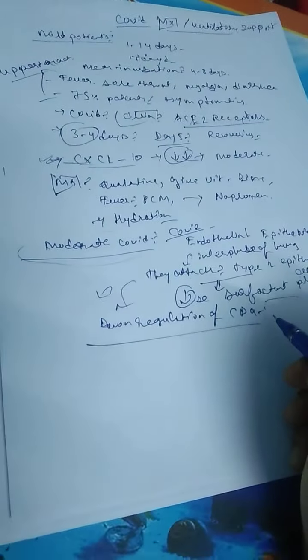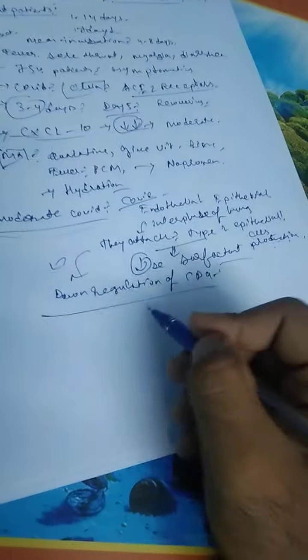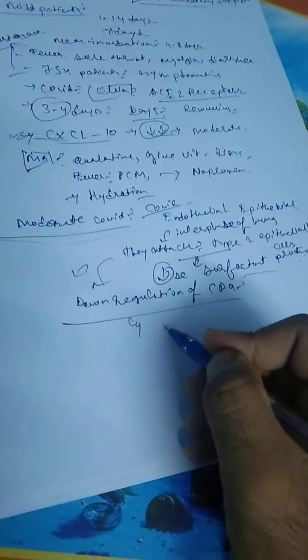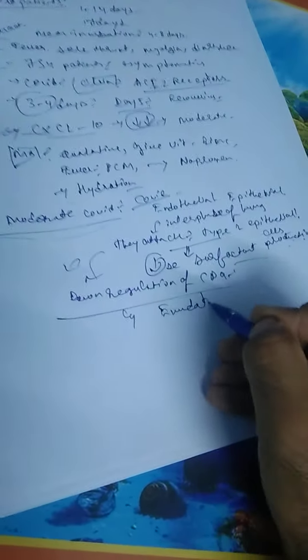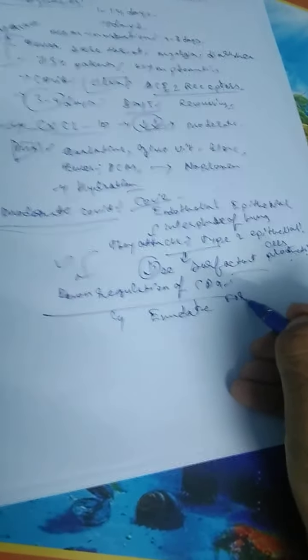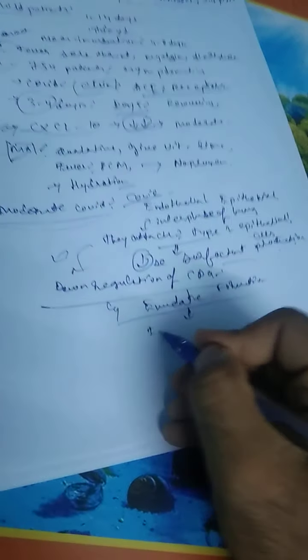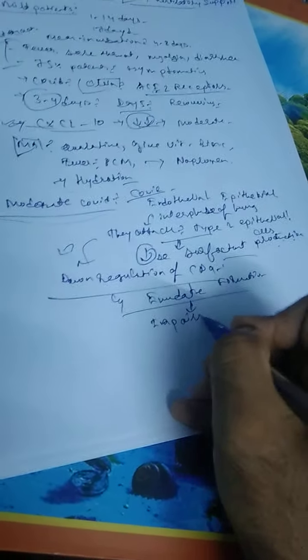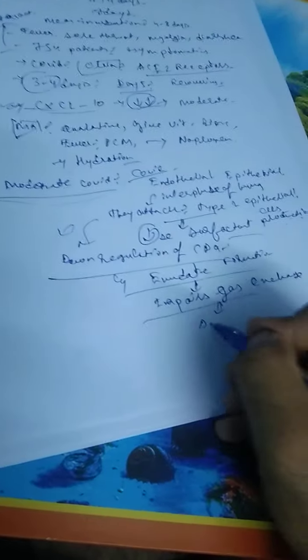With this down regulation and all of this injury and attack, there is exudate formation. Due to this exudate formation, gas exchange is impaired, and the patient presents with dyspnea and other features.